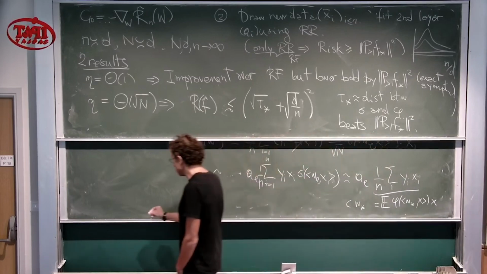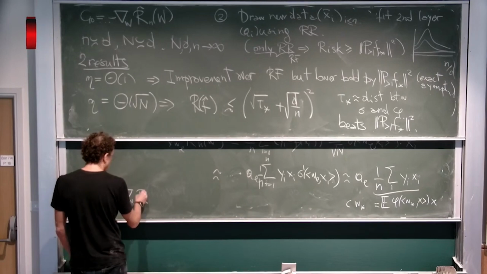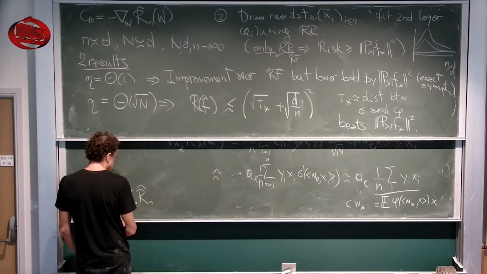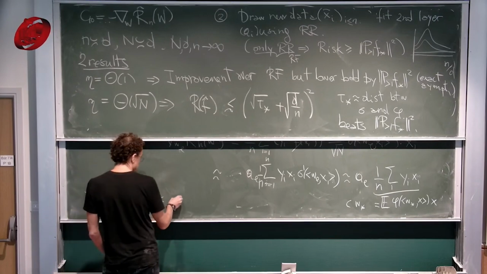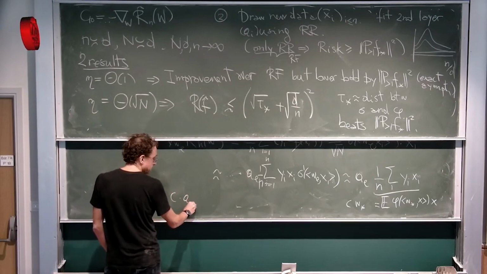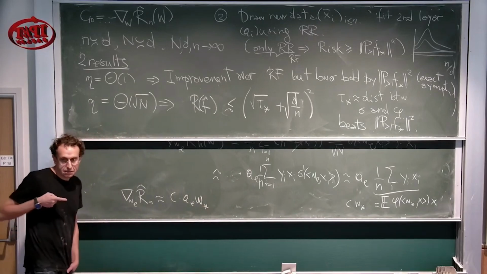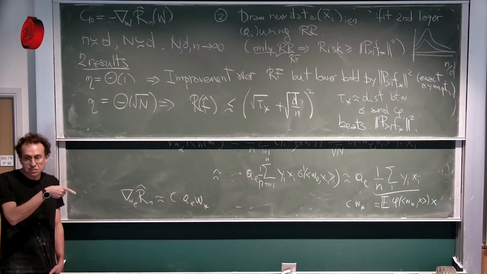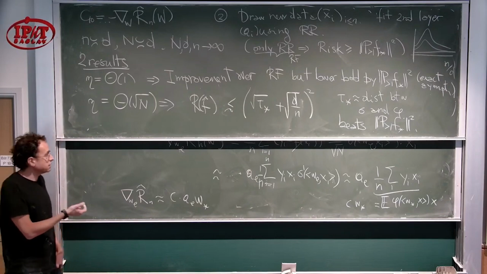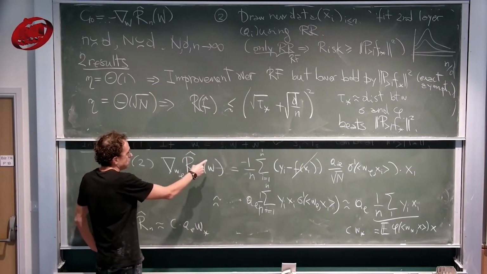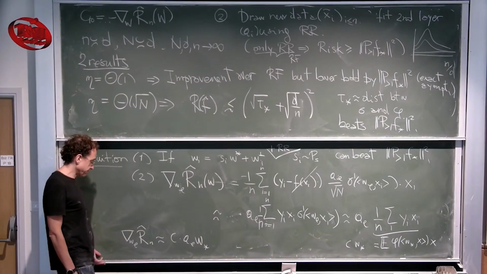So what I get is that the gradient with respect to Wi of the empirical risk will be about some coefficient times ai W star. Basically, the first step of the gradient moves each weight in the direction of W star, just by doing the first step of the gradient.